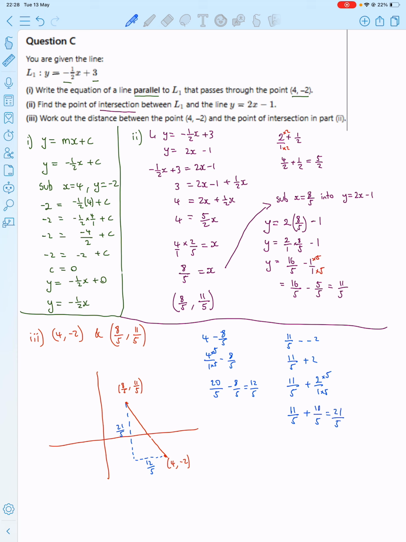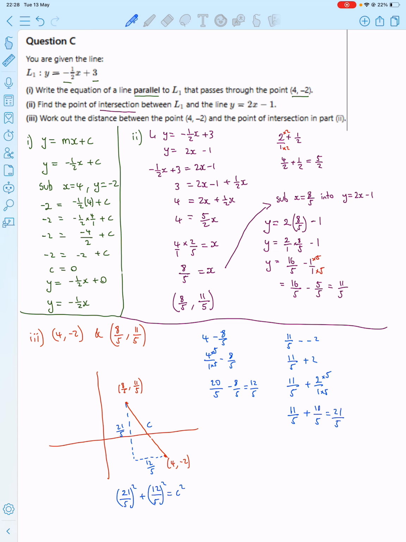Now, to work out the distance, so we're just going to call this, let's call it c, just for Pythagoras' sake. So 21 over 5 squared plus 12 over 5 squared equals c squared.